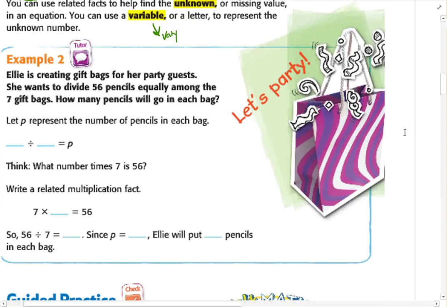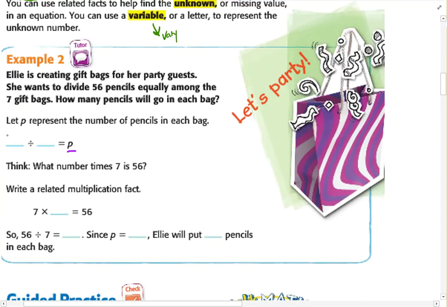So if I look at my next problem: Ellie is creating gift bags for her party guests. She wants to divide 56 pencils equally among the 7 gift bags. How many pencils will go in each bag? Well, I can say P is what I am solving for.